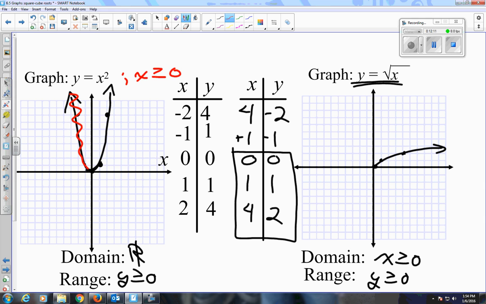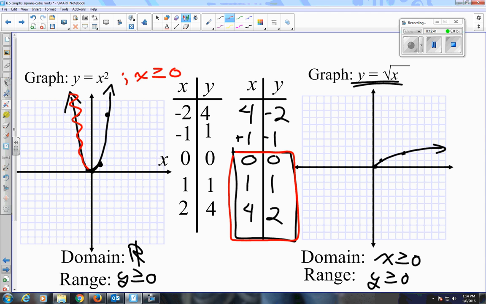So without a restriction, the inverse of the parabola is not a function, and we want all of these ones to be functions. So for what you're going to be doing today, we're only going to graph using 3 points when you graph a square root, because we're only going to do half of that parabola. We're not going to do the two sides.